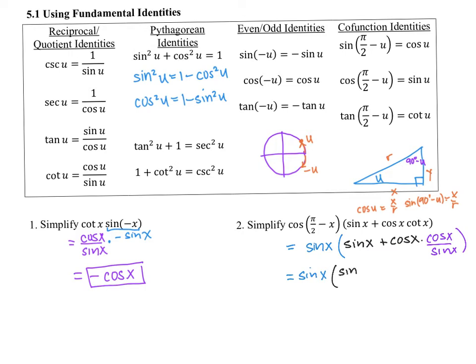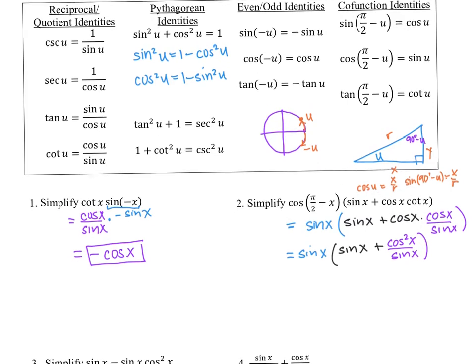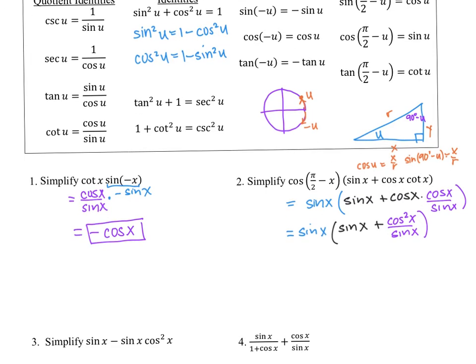So I'm going to make this sine x plus, and I'm going to consolidate that fraction. Cosine times cosine is cosine squared x over sine x. Let's see, now I think I'm going to go ahead and distribute this sine x. Sine times sine is sine squared x.